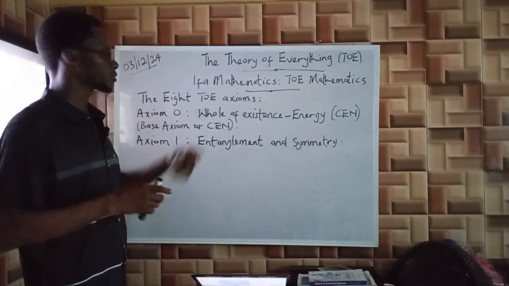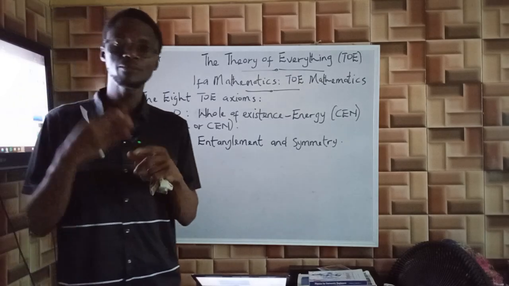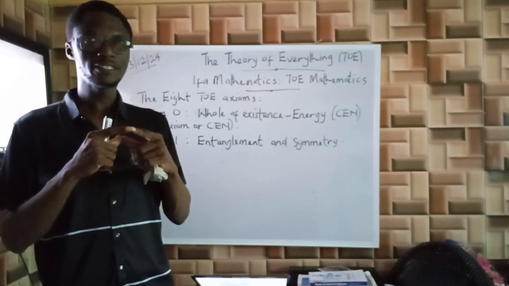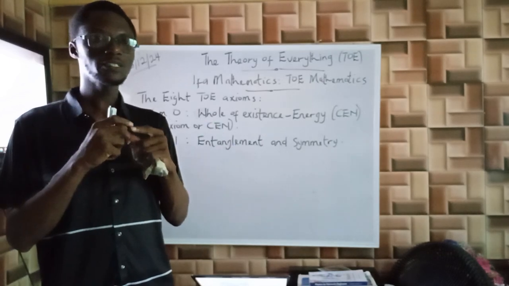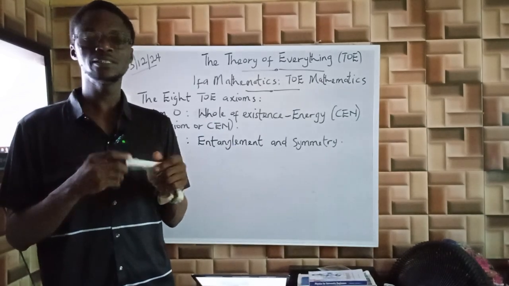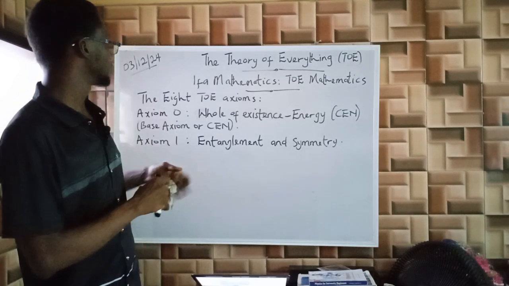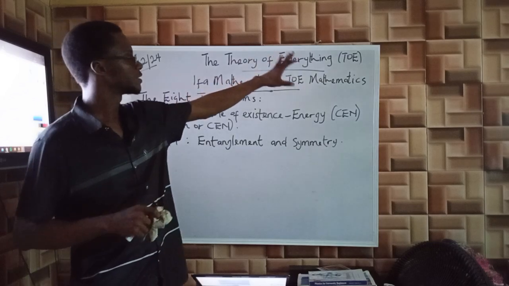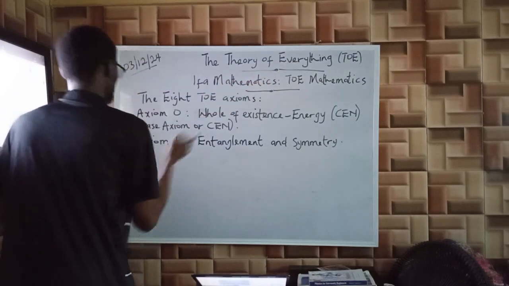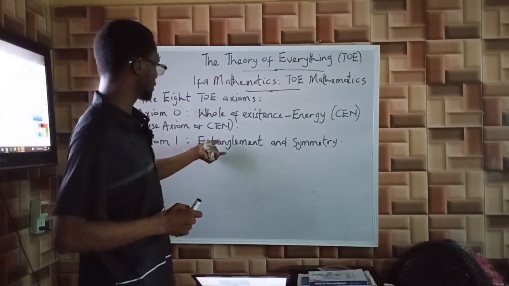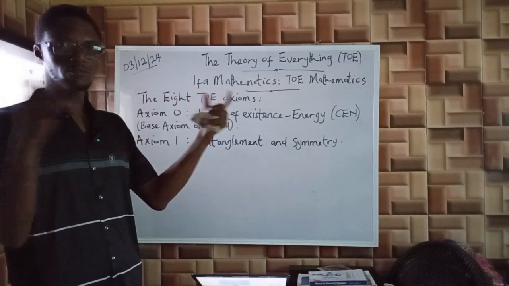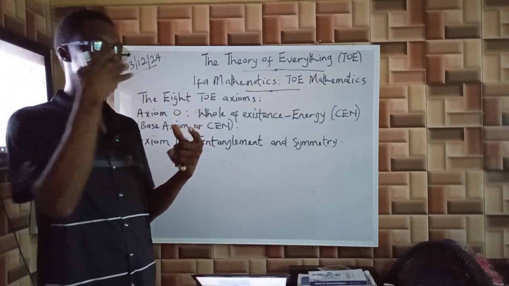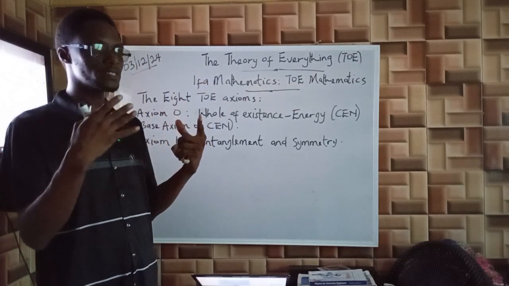The axioms that we are looking at are actually the fundamental principles or universal laws that guide the whole of existence. In fact, all the laws, models, theories in all fields and disciplines, these universal laws underlie all of them. They form the core of the TOE. What we are saying here is that this entanglement and symmetry, you can see it in all aspects of nature, for example symmetry and duality.